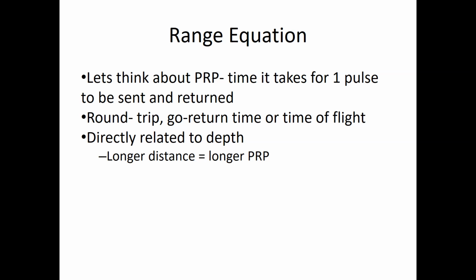Range equation is also called the round trip or the go and return time. Of course, it's going to be longer if we're imaging deeper. If I'm 1 centimeter, that range equation is going to be 13 microseconds and then back. But if it's 10 centimeters, it's going to be 130 microseconds and then back. It's just our machine predicting, hey, this pulse came back at this particular time, so I need to put it at this particular depth on our image itself.